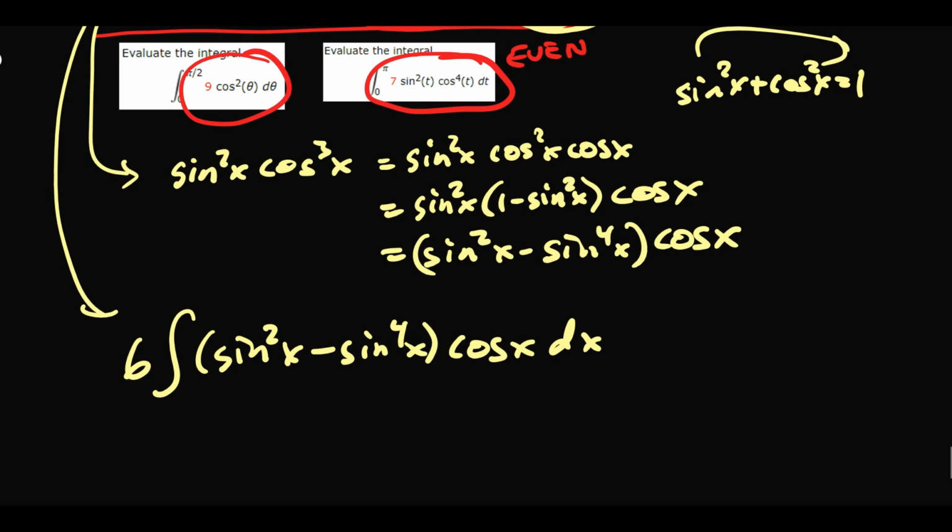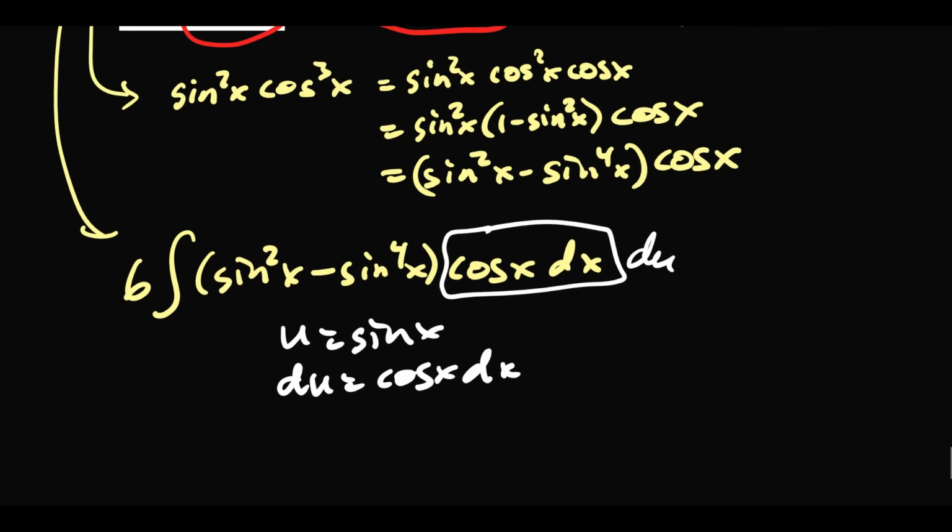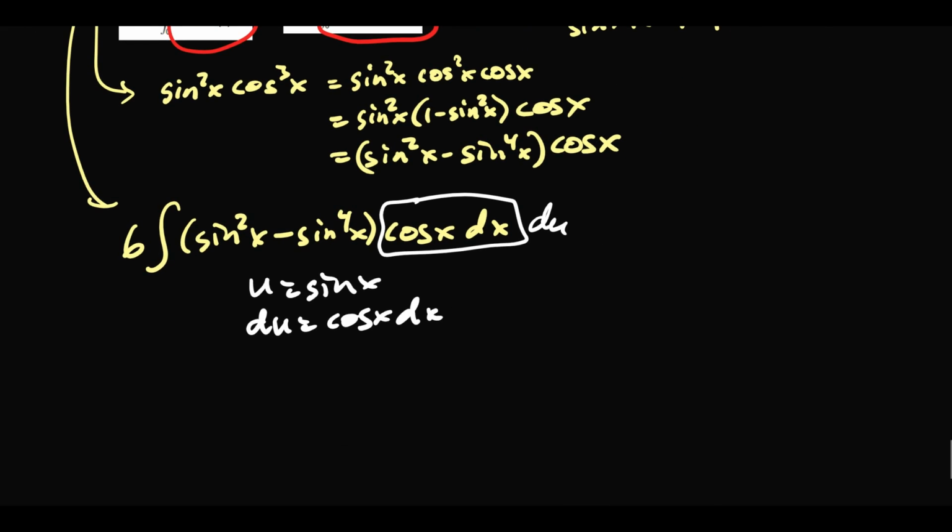If you notice, you can let u equal sine x, and then du will be cosine x dx, and you can replace this whole thing here with du. All right, and so your integral will now become 6 times the integral of u squared minus u to the 4th du, and then you finish it from there.